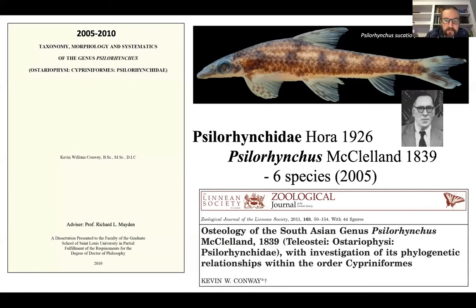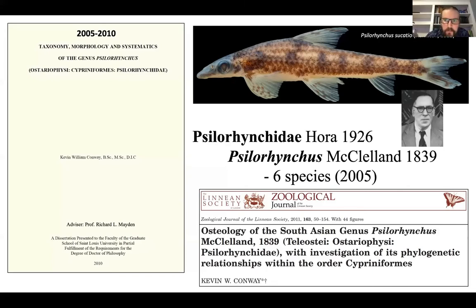It contains a single genus, Cyrenacus. And when I started working on this group in 2005, there were only 6 described species. Most of my focus on this group was anatomical. I was interested in their osteology, but I also did some taxonomic projects as well.